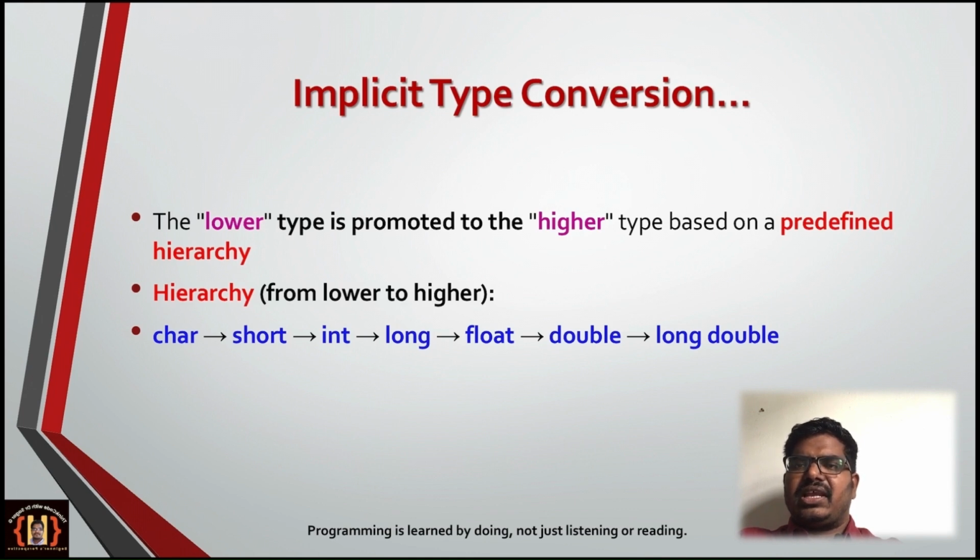But double to integer cannot be converted automatically. There is a possibility of converting manually, but in such cases, data loss will occur. That's the reason the compiler automatically converts only from a lower data type to a higher data type.